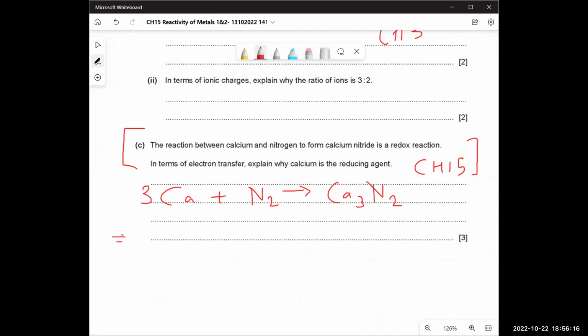Now, next thing is, since they're telling us that this is an ionic compound, it can be separated into ions. Let's do that. So first step, separate the whole equation into ions.